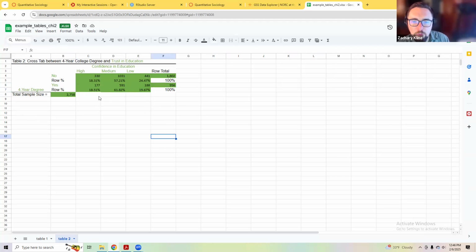Okay, so now how do we interpret these percentages? What this means here, 18.3, is that among those, so always start your conditional statements with the word among. You can also use given or of, but there are many ways to specify a conditional statement, and in this class, always say among. Among those without a 4-year degree, 18% have high confidence in those who manage education.